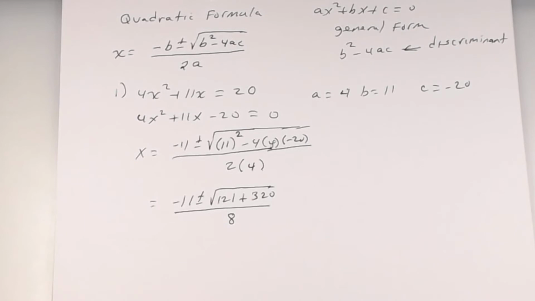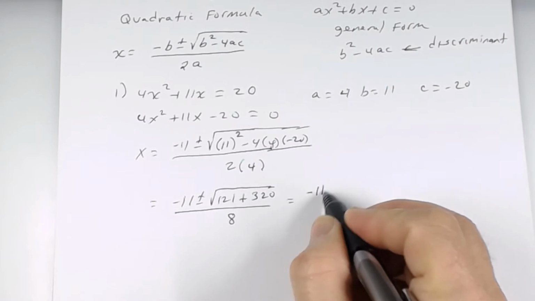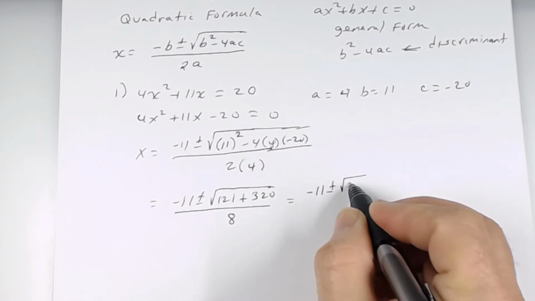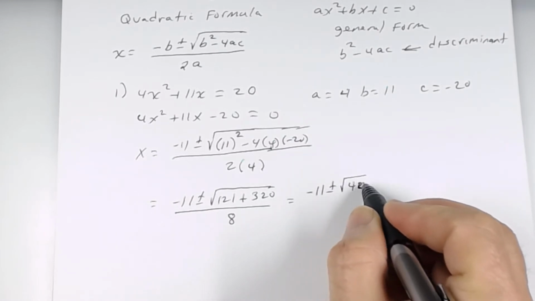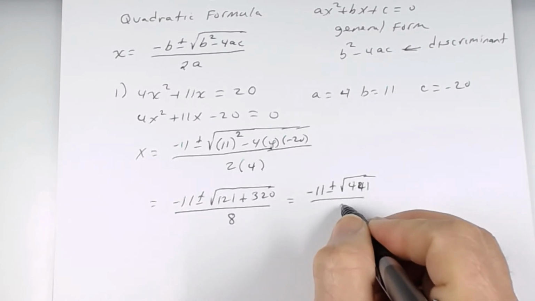So a negative times a positive is a negative. And a negative times a negative is a positive. Okay. What's 121 plus 320? What is it? 421? 441? Okay. All divided by 8.